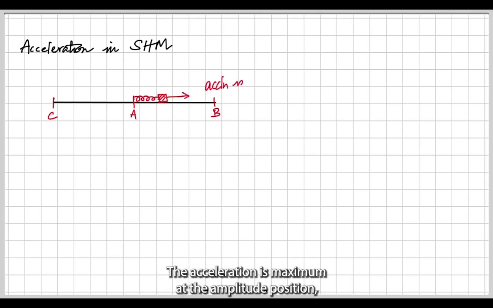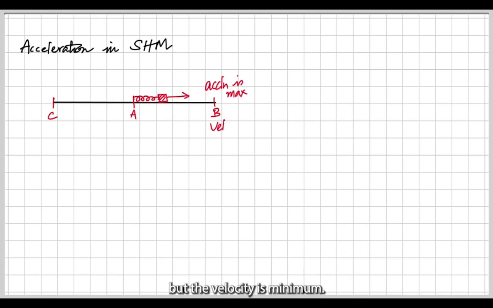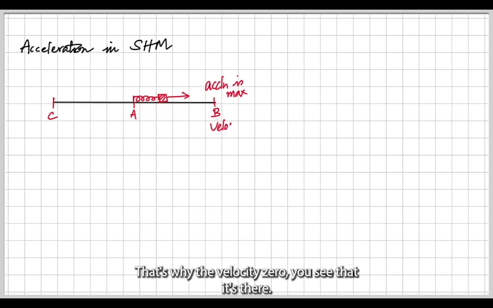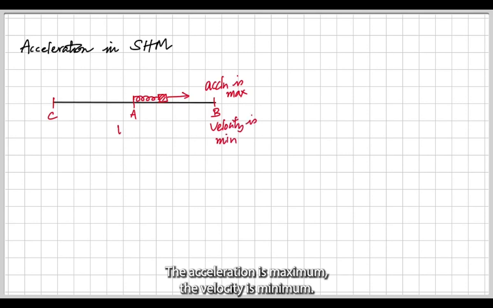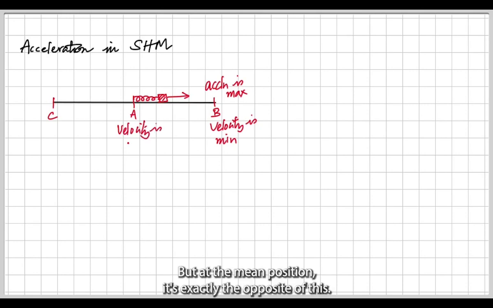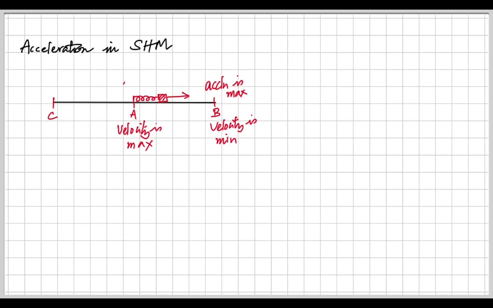The acceleration is maximum at the amplitude position, but the velocity is minimum. In fact, the velocity is zero. Why? Because the mass has to stop just before it returns. That's why the velocity is zero. Do you see that? So where the acceleration is maximum, the velocity is minimum. But at the mean position, it's exactly the opposite of this.